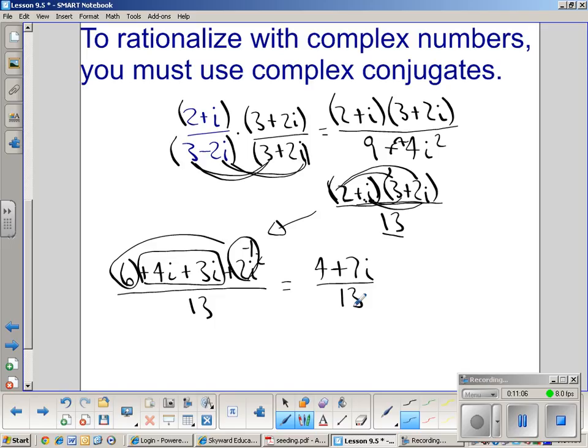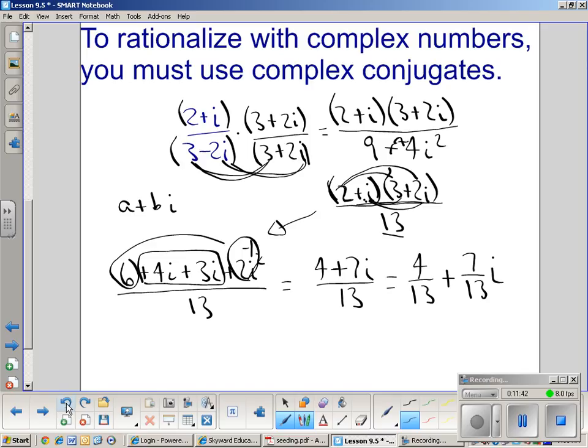If they say a plus bi form, then they literally mean an a number plus a b number times i. So we would break this up into individual fractions. My a number would be 4/13. My b number would be 7/13 i. And if this was a minus, then it would say plus a negative 7/13 i.